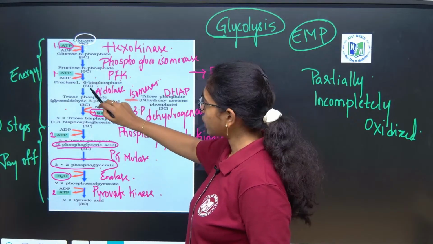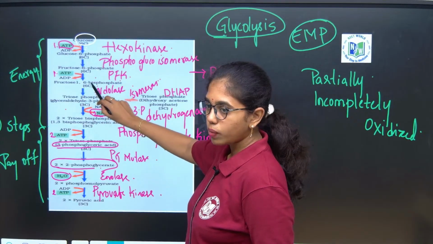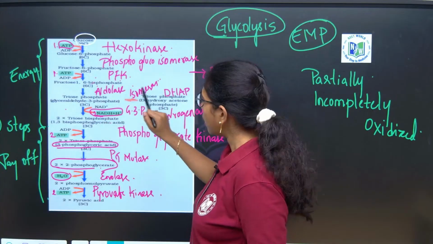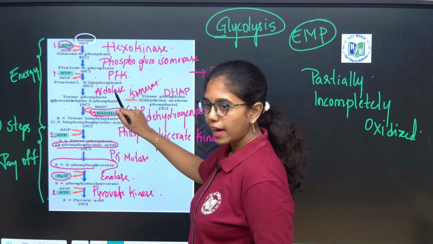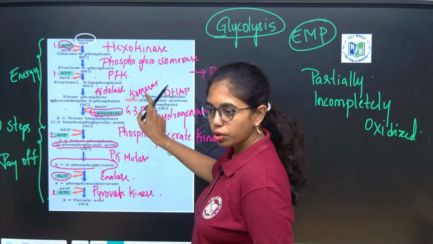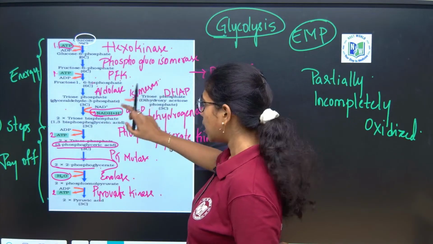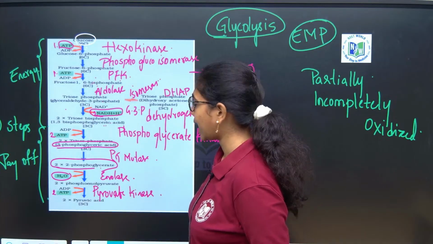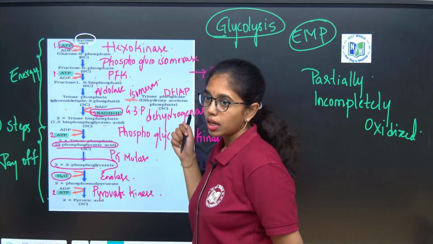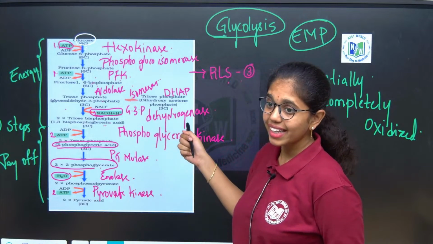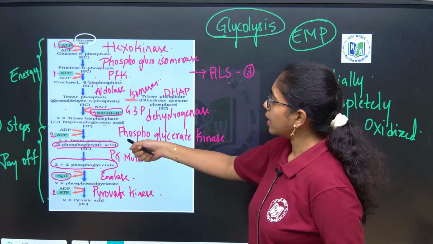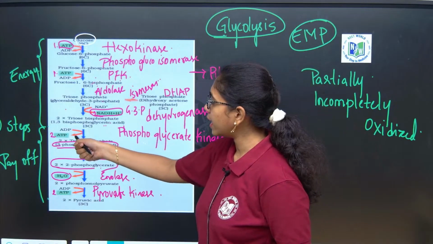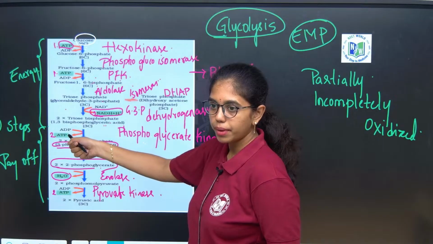1 ATP. Next is fructose 1,6-bisphosphate to 2 molecules of triose phosphates by the enzyme aldolase, and this is isomerized by the enzyme isomerase. Next, glyceraldehyde 3-phosphate to 1,3-bisphosphoglyceric acid by what enzyme? Glyceraldehyde 3-phosphate dehydrogenase. Okay. Next is by phosphoglycerokinase, and here 2 molecules of ATP are being released.